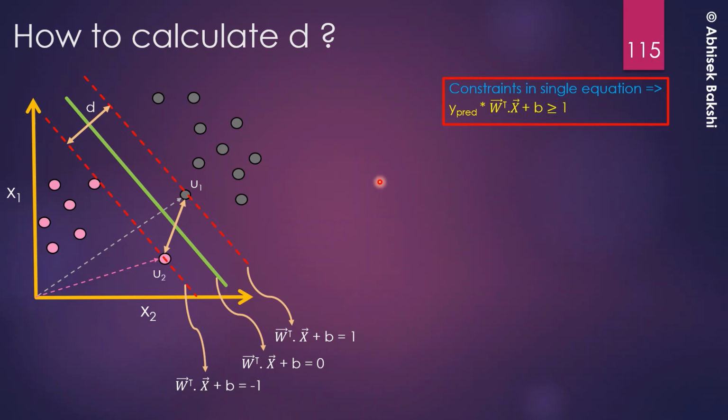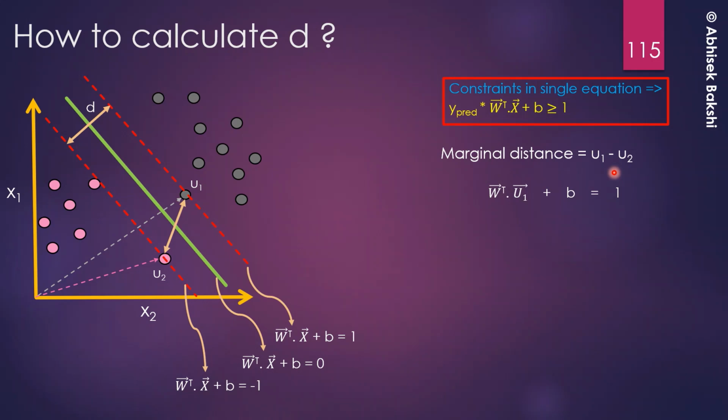So let's do it one by one. So we have this marginal distance U1 minus U2, but I cannot do it directly. What I can do, as I told you, is project this U1 on W. What is W? W is the perpendicular vector which is perpendicular to this red straight line. Obviously, the same vector can be perpendicular to this other red line because these two red straight lines are parallel to each other. Now here I have written plus 1.